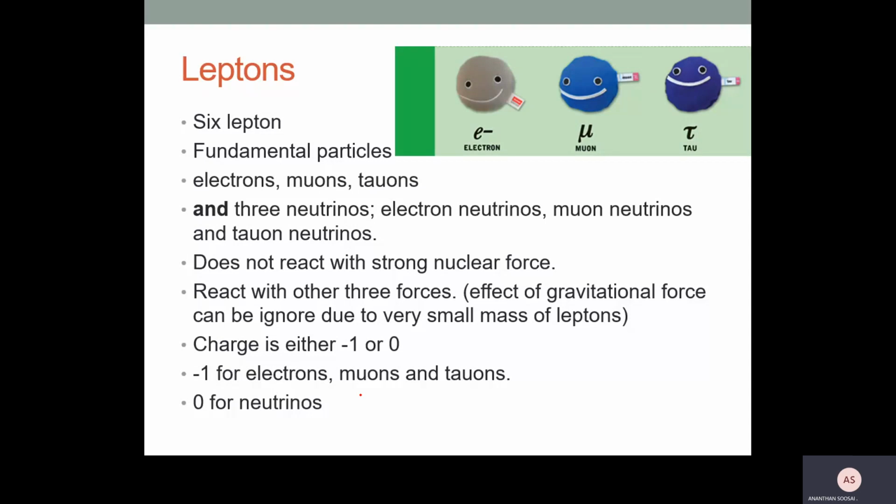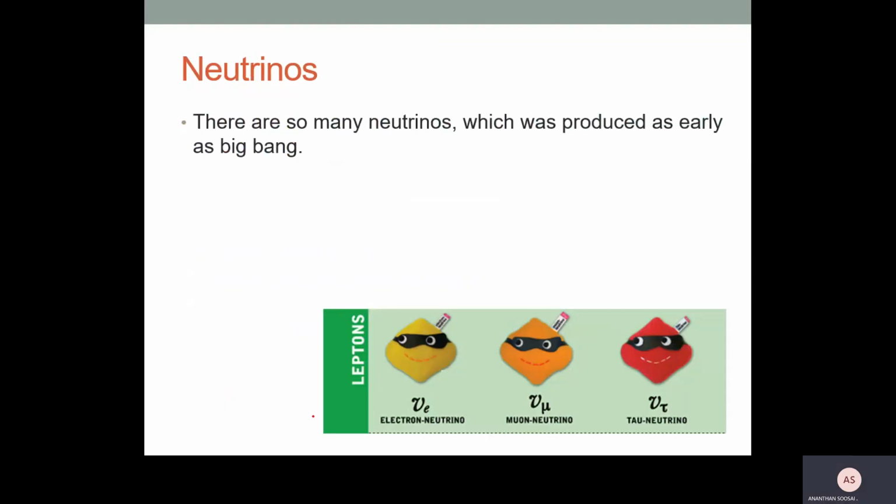Neutrino is a particle with no charge and very little mass, about 1,000 times smaller than the mass of an electron. It's much lighter than electron. We thought electron had little mass, but this one is even smaller. There are so many neutrinos produced as early as the Big Bang, and emitted in beta decay.